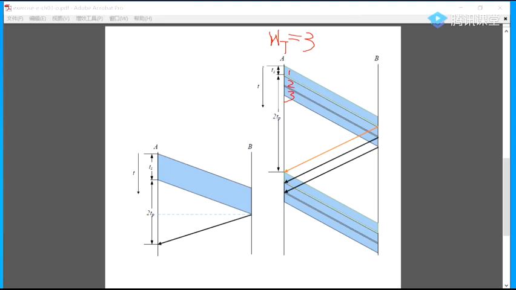The length of the first term is TS plus 2TP, and in this term A can send WT frames.